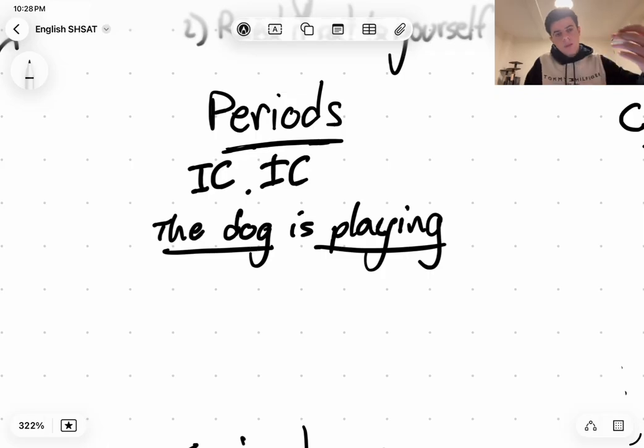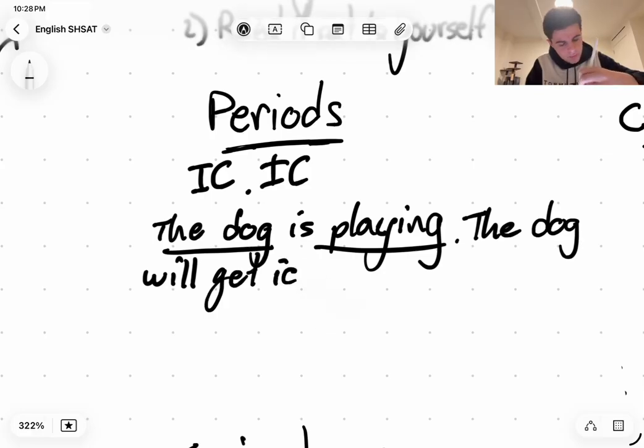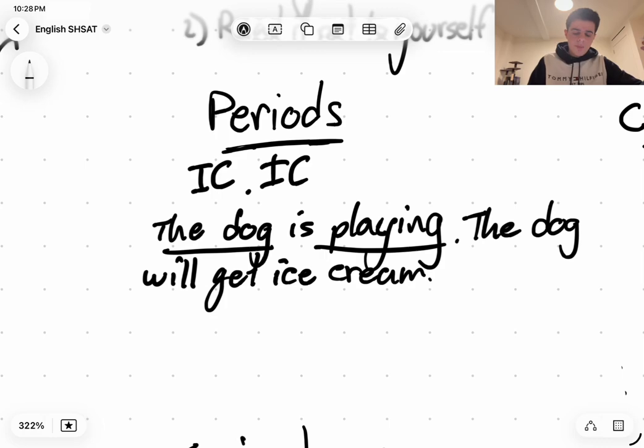So let's say I want to add another thing. I can say the dog will get ice cream, right? Again, we have the subject, the dog, and will get, that's our verb. And the sentence can stand on its own, right?